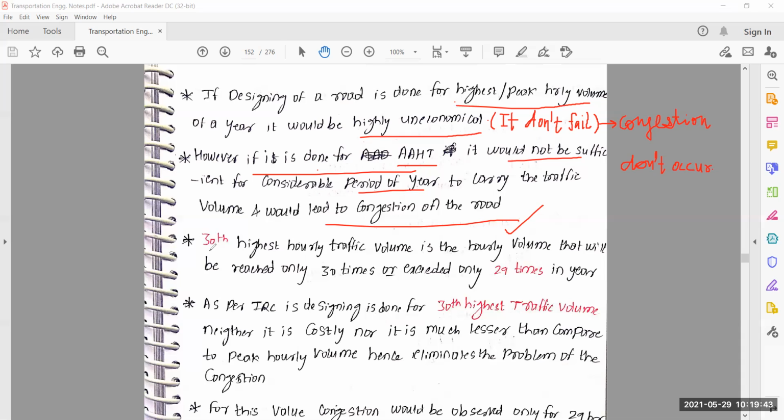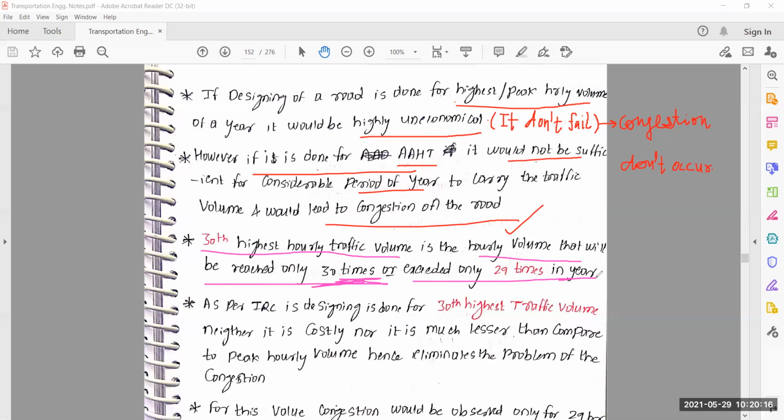Next, the 30th highest hourly traffic volume is the hourly volume that will be reached only 30 times, or exceeded only 29 times in a year. We take this hourly traffic volume as our design consideration, and it is also given by IRC.